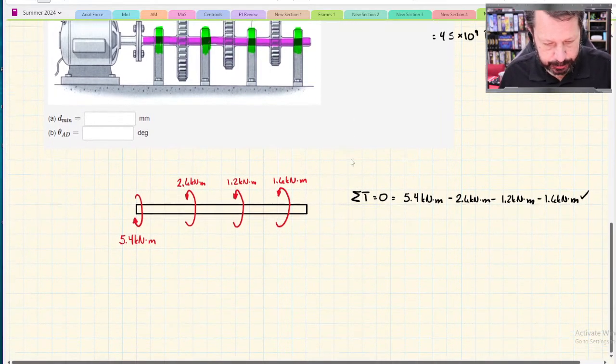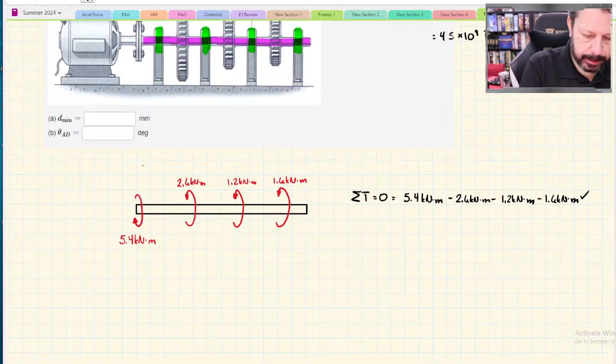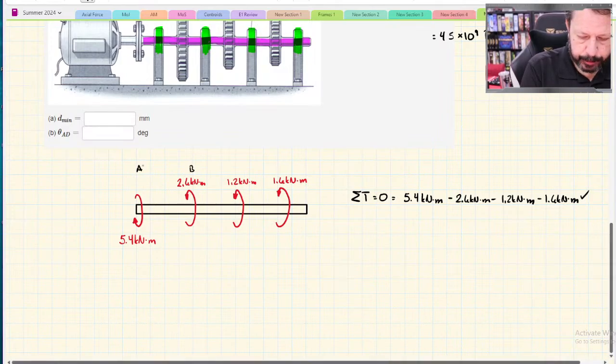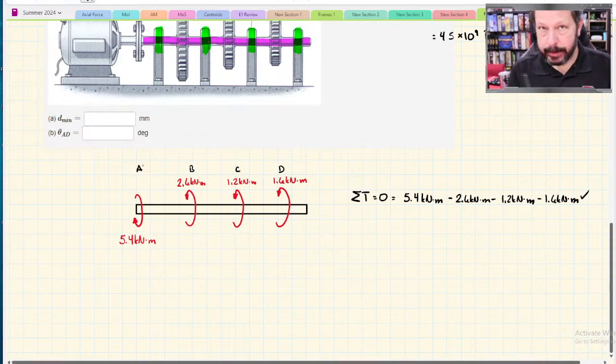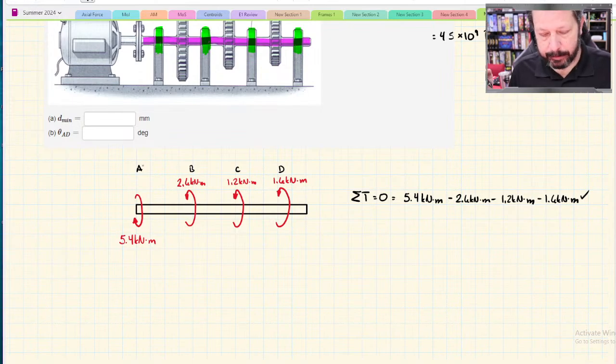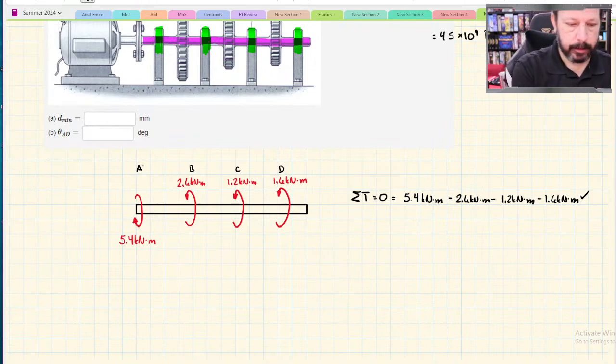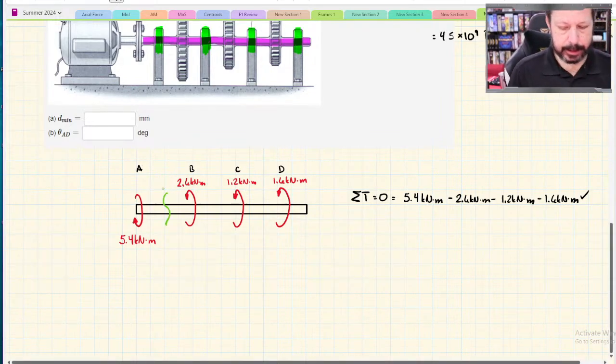Let's say that this is point A, there's B, C, and D. One of these sections has the highest amount of torque. If you think about it, it's pretty obvious which section that is. But if you can't convince yourself and you want proof, then you look inside each section.